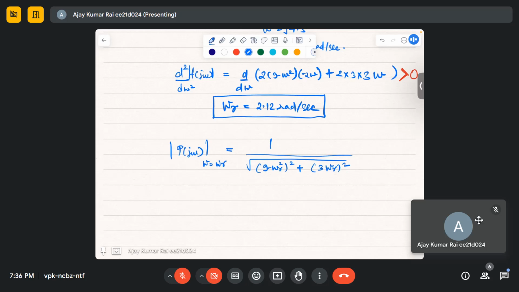Which will also match with, I think, what was the peak magnitude formula? If you remember, it was 1 by 2 zeta square root of 1 minus zeta square, I think.